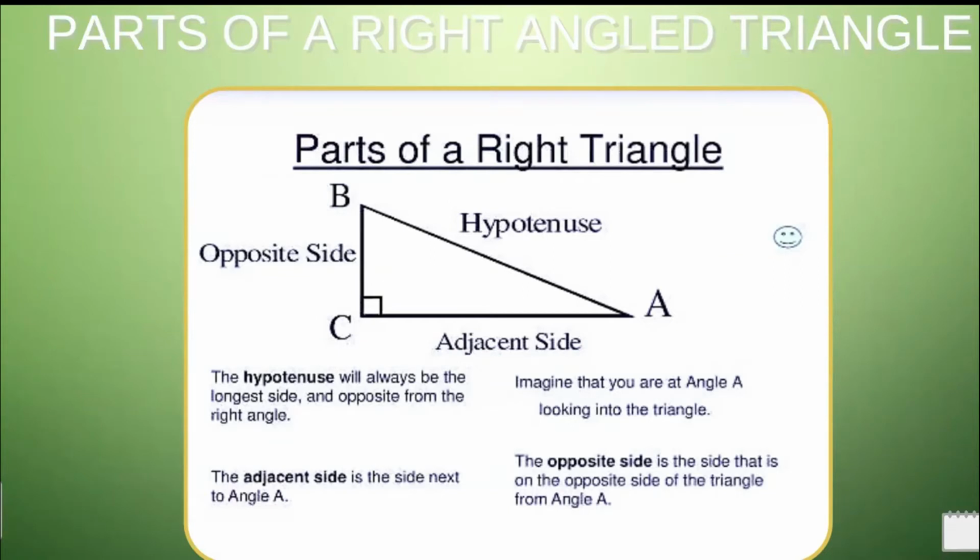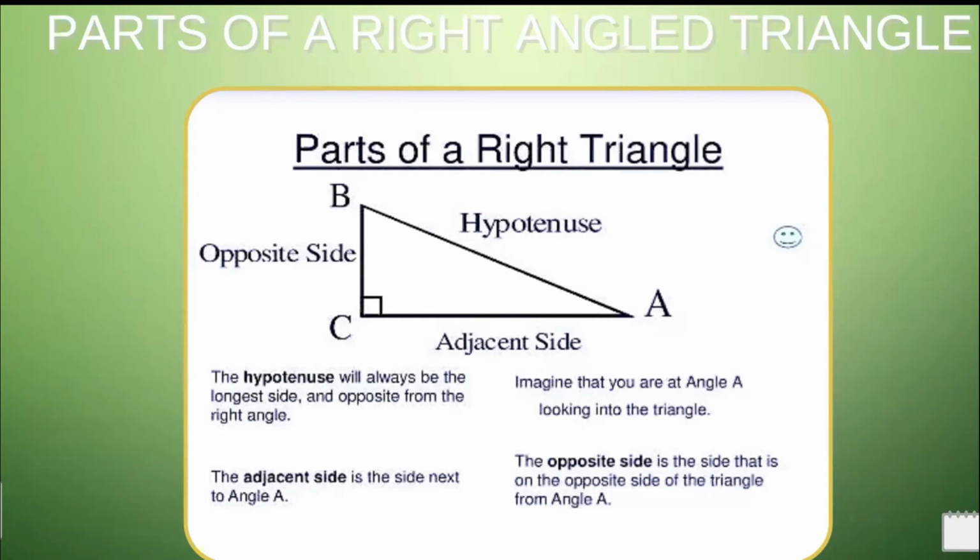The opposite side is the side that is directly opposite of the angle. Now, there's an angle here at A. Everybody seeing A on the screen? Yes, Miss. Good. There should be an angle at A, and the opposite side is always directly opposite to the angle.